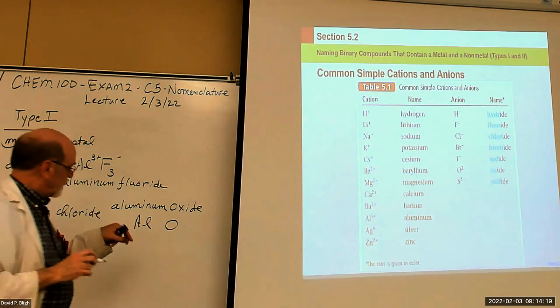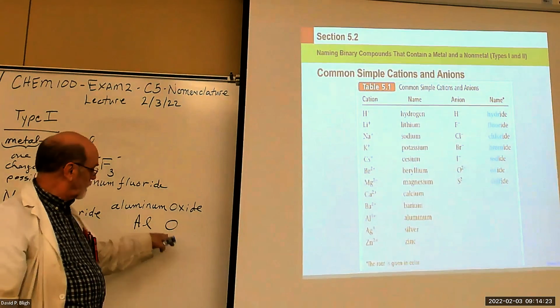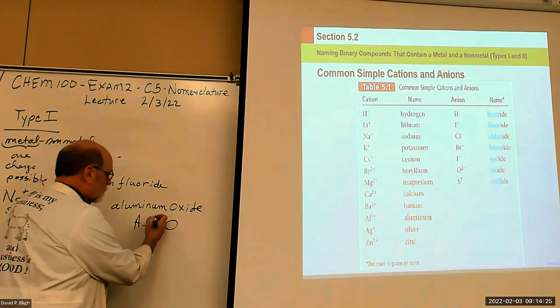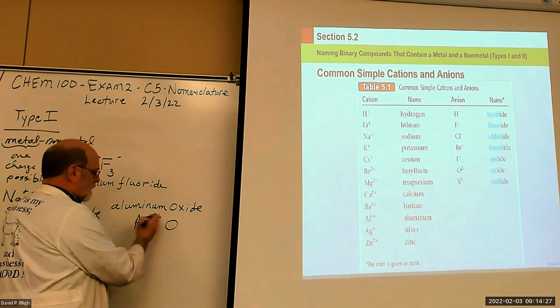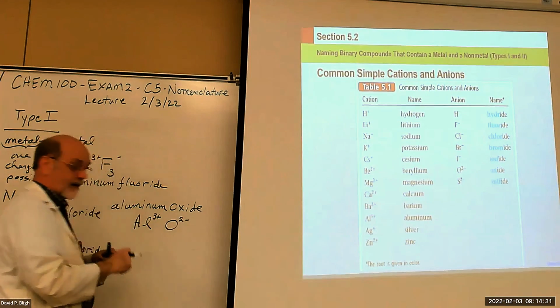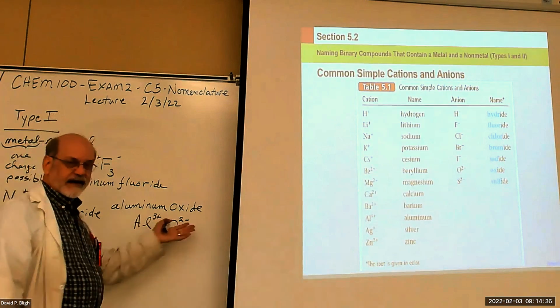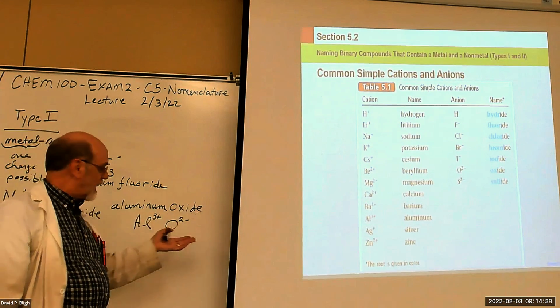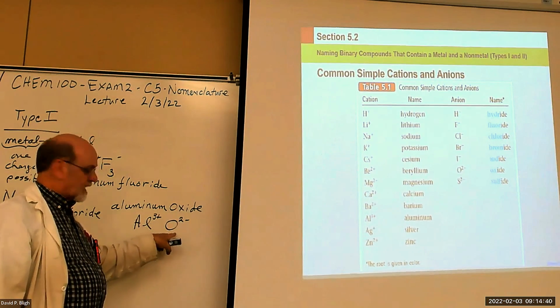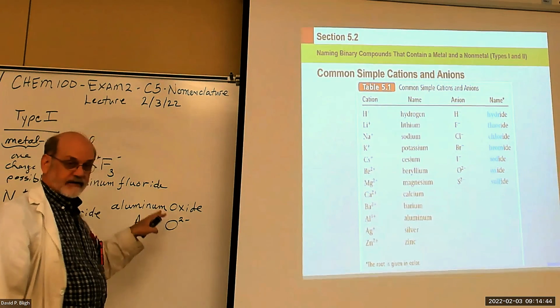Okay? In this order: metal, non-metal. Now, we know the charge on aluminum is 3 plus, and we know the charge on oxygen is 2 minus. Right? And how do you get that to balance? Right? An odd and an even. You can't just multiply a number of one of them and balance out the other.